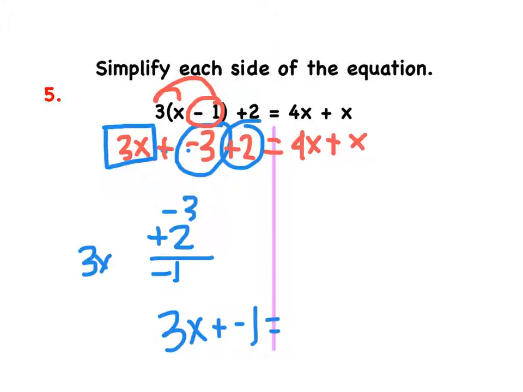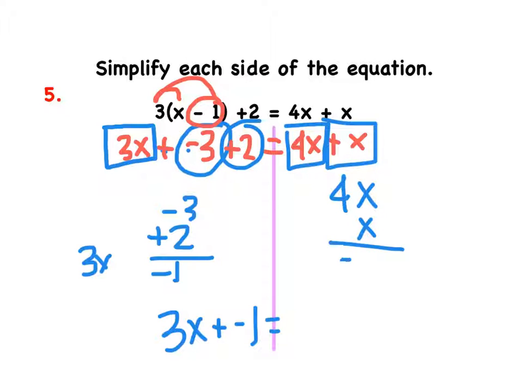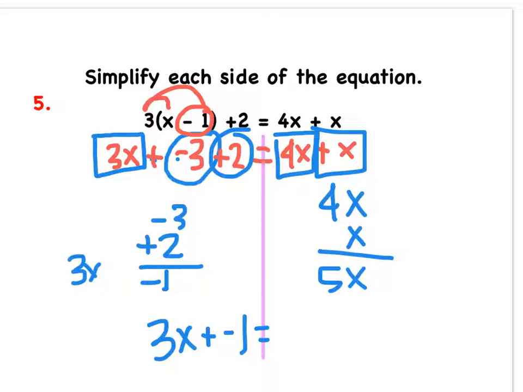All right, let's take a look at the other side. I have 4x and positive x. So 4x plus 1x is going to give me 5x's total. So I will have 5x. So my equation in simplified form would be 3x plus -1 equals 5x.